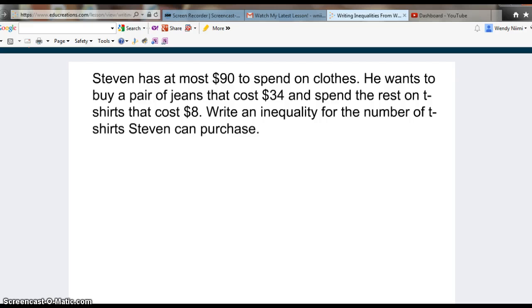The most money we have is $90. So that's our inequality, at most. That's our keyword. Our variable: we're looking to purchase t-shirts, so we're going to use the letter T again, and that's going to represent the number of t-shirts that Stephen would like to purchase.